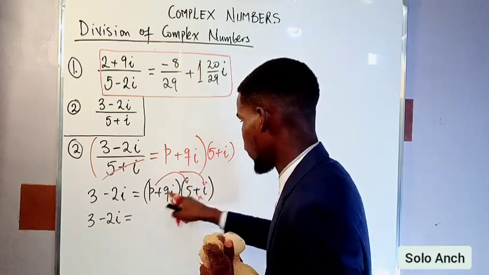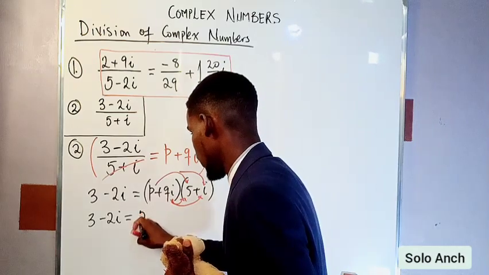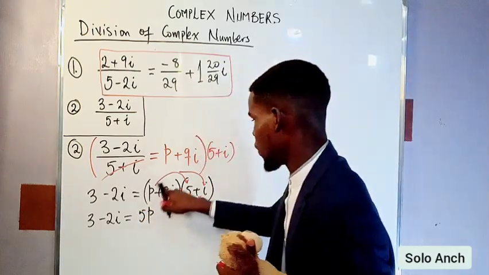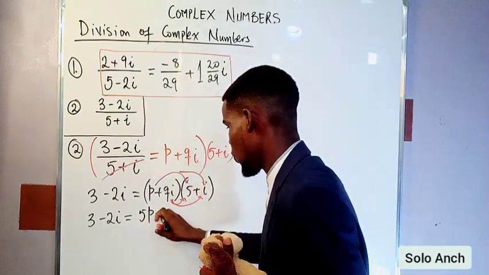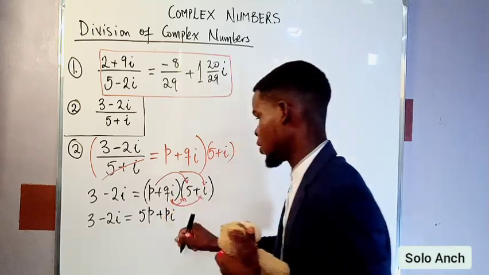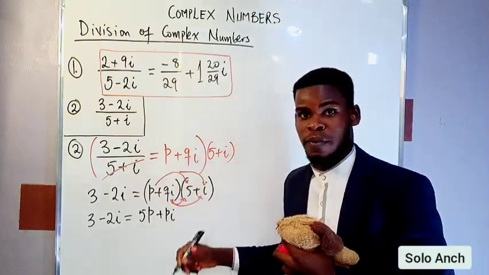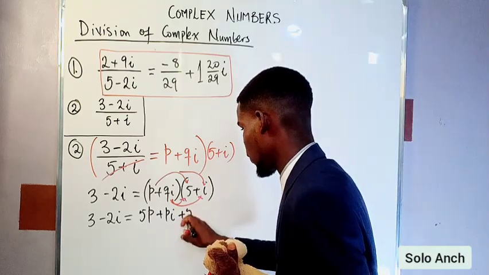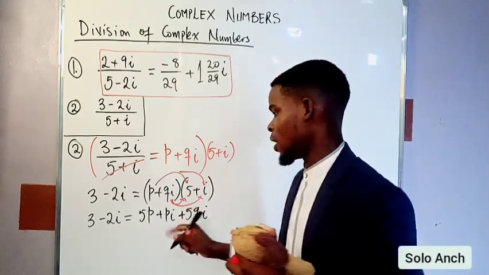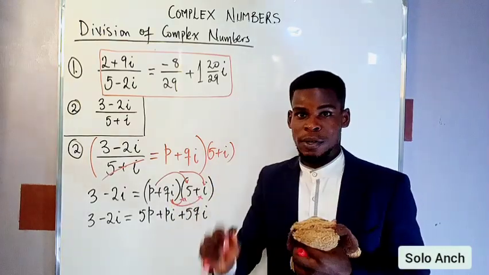So P times 5, of course, that's 5P. Then P times i, of course, that's Pi, right? Good. Then Qi times 5, that's 5Qi. And then Qi times i, of course.